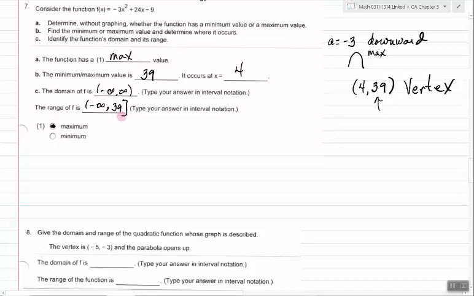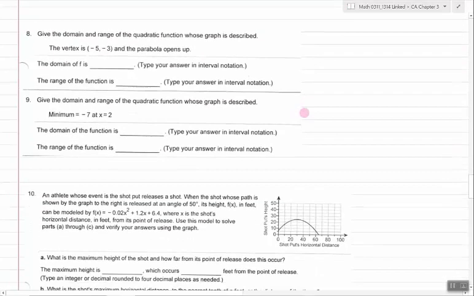Let's look at number 6. All right, this one says, give the domain and the range of the quadratic function whose graph is described. Here's the vertex, and it opens upward.